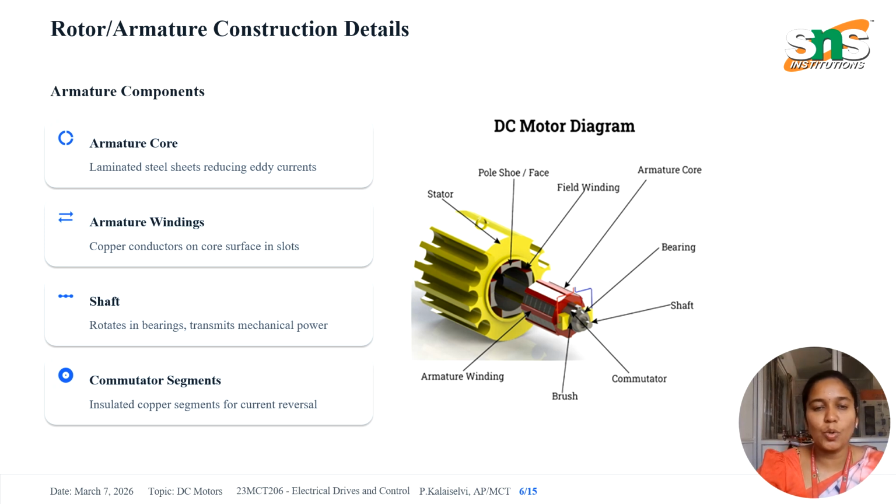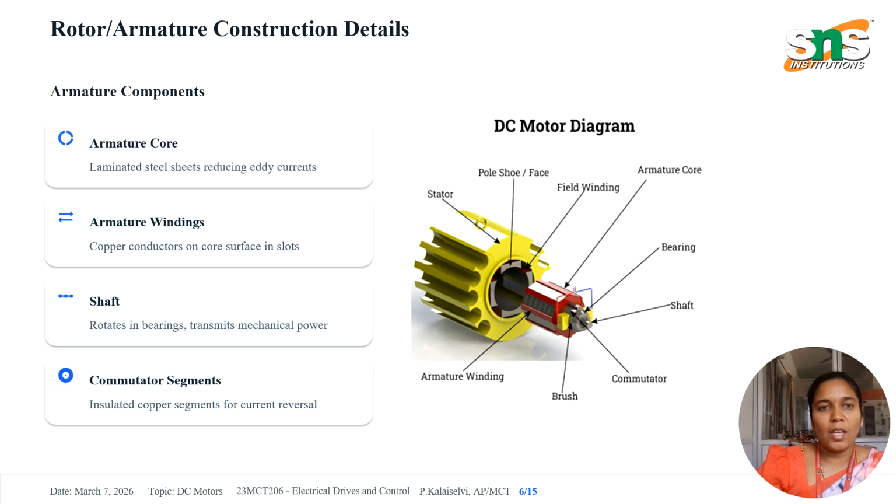The second part is the rotor or armature construction detail. The armature core, armature winding, shaft, and commutator segments are the important components of the rotor. The armature core is made up of laminated steel sheets. Lamination helps to reduce eddy current losses.